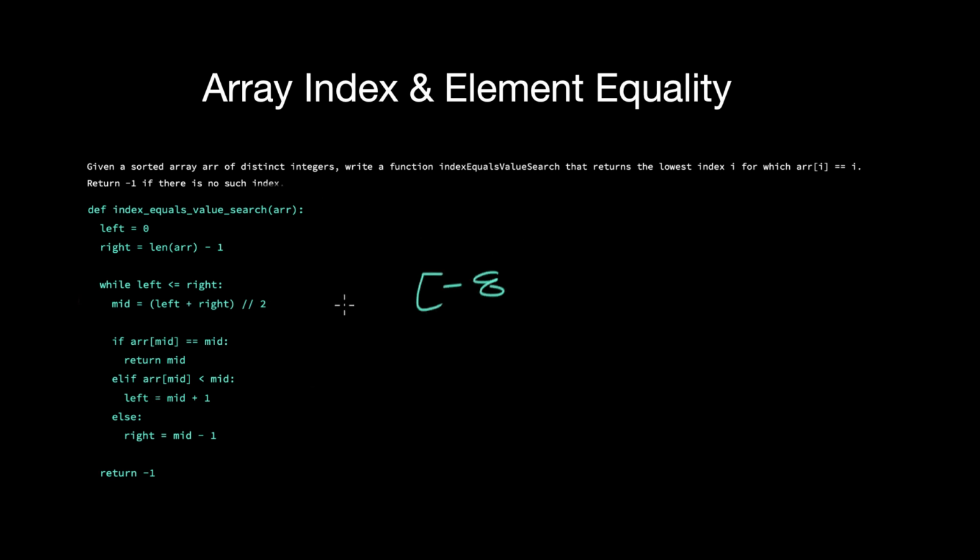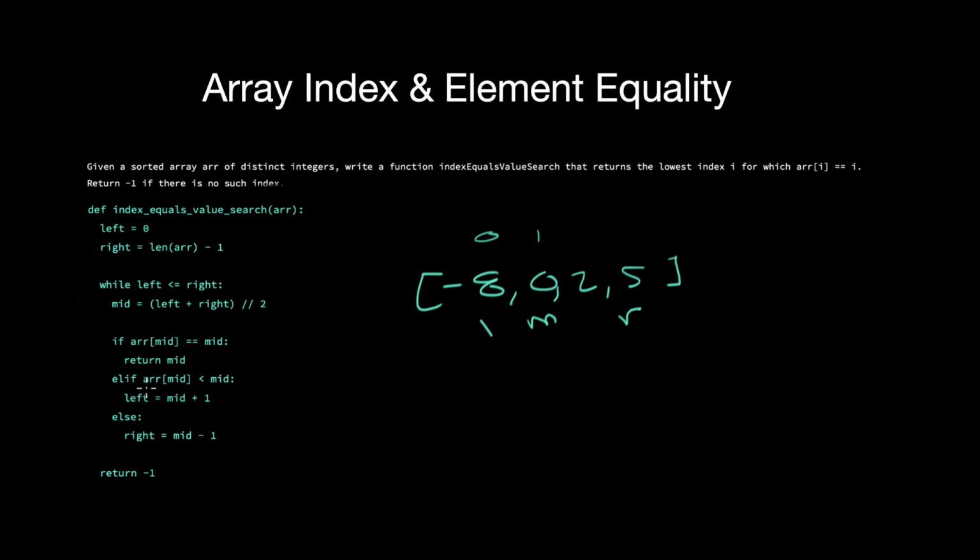So if we look at -8, 0, 2, and 5. The first one is right here, and this is mid. So this is going to say, does the value 0, is it less than mid, which is true, right?